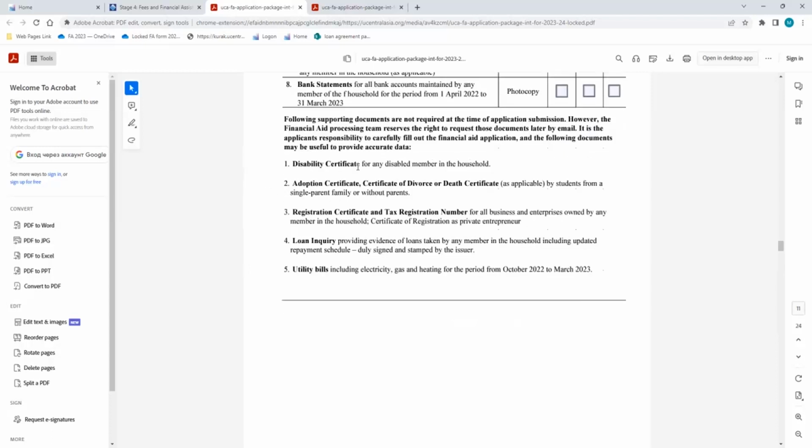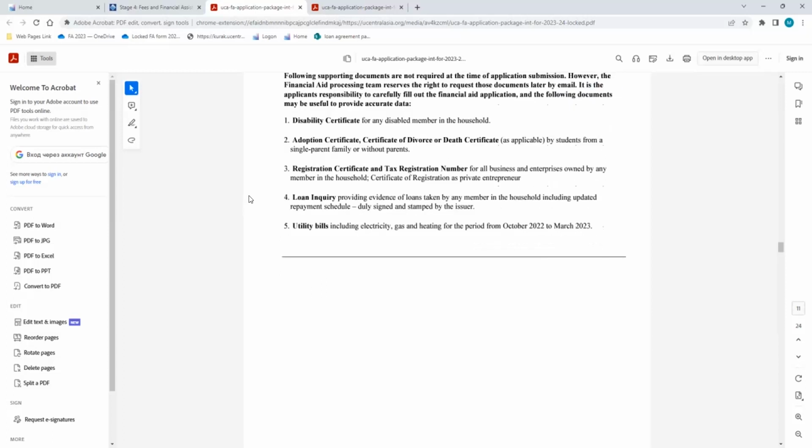First is the disability certificate, if a member of the household is disabled. The second is an adoption certificate, or a certificate of divorce for families whose parents are divorced, or a death certificate, which needs to be provided as well.